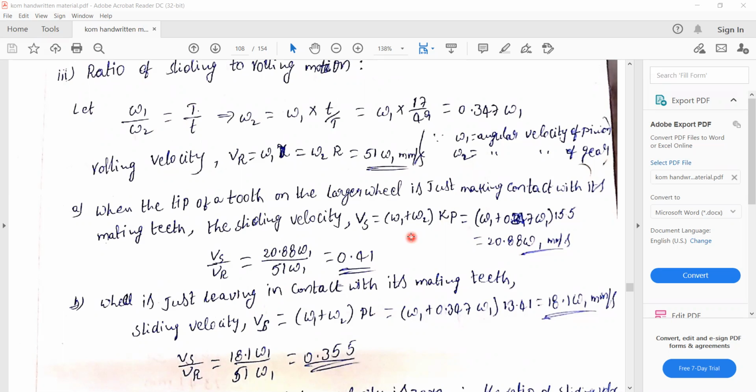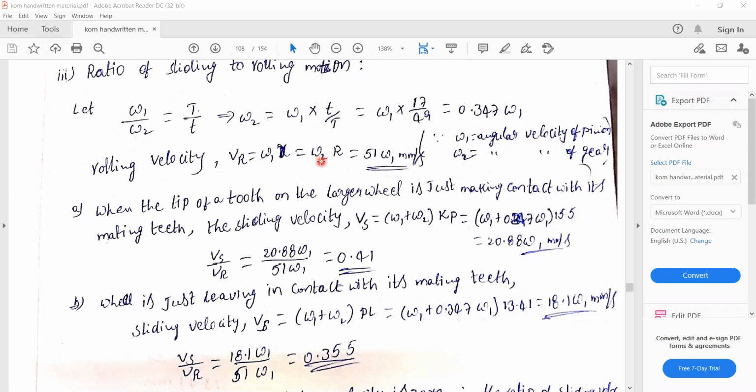So that is omega 1 plus omega 2 into Kp, with the path of approach already calculated. We have the relation between omega 1 and omega 2. That is omega 1 plus 0.347 omega 1 into 15.5. When we make the calculation, we get 20.88 omega 1.